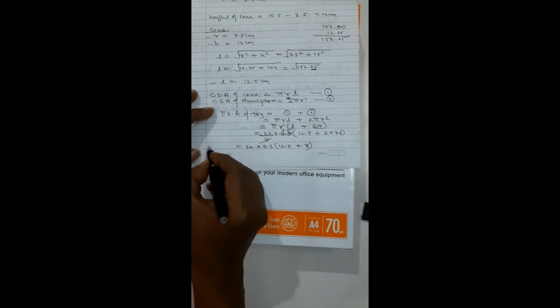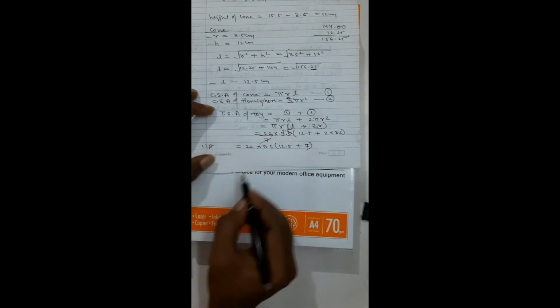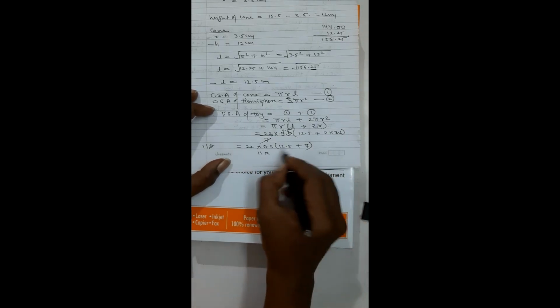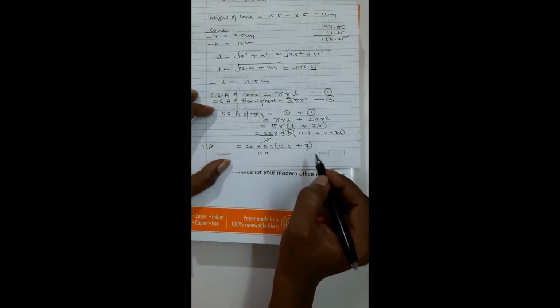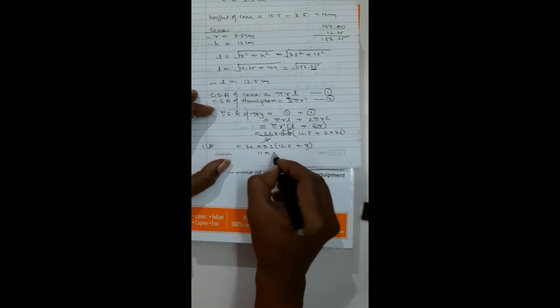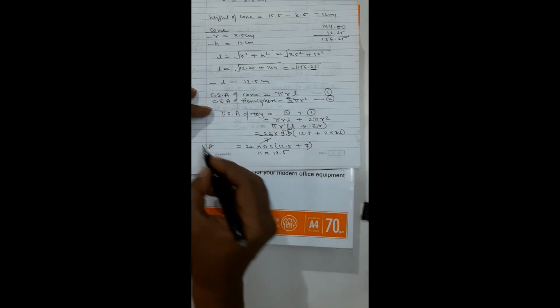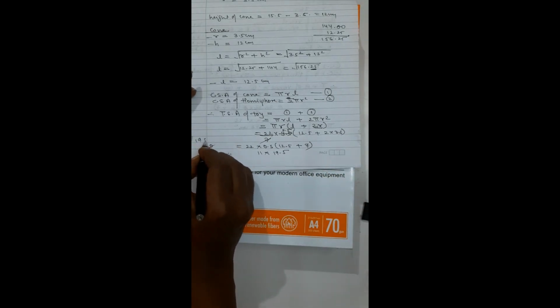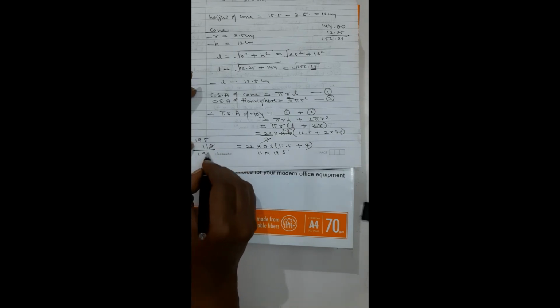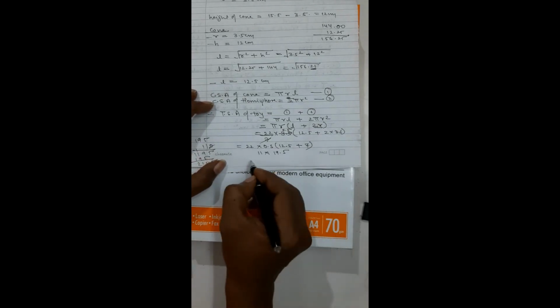So now I get 5 2s are 10, 5 2s are 10, 11, one decimal place is gone, 11 into 12.5 plus 7 will be 19.5. Now multiply this, 195, 195 into 11 is 2145.